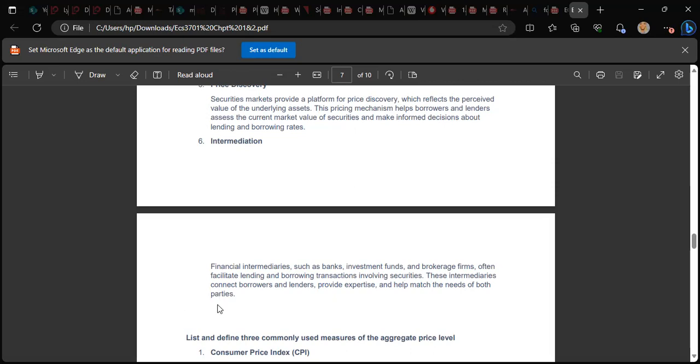Lenders have specific needs on the one side, borrowers have specific needs on the other side. So these financial intermediaries use these securities or invent securities that can best cater for those needs, right?